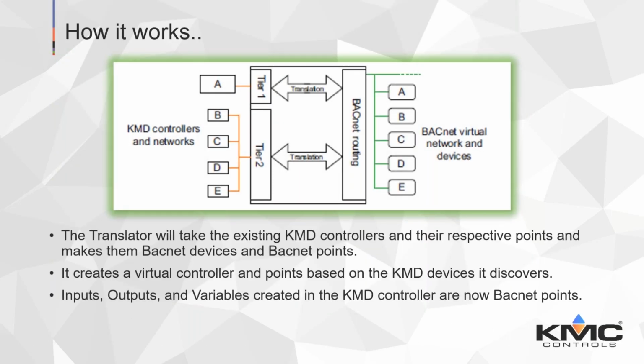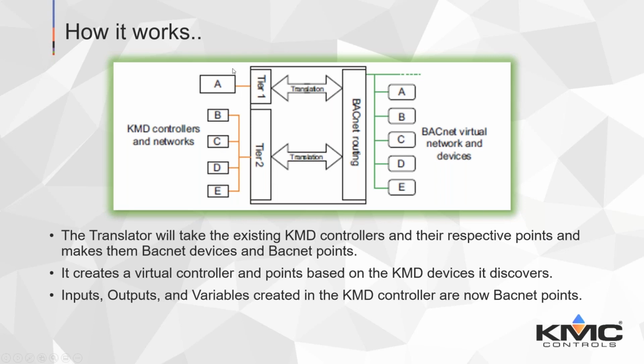So let's talk a little bit about how this works. Basically, the translator is going to take your existing KMD controllers and their respective points and make them BACnet devices and BACnet points. This is a description of how this works on your tier 1 and tier 2 controllers. A tier 1 would be a LAN controller, and a tier 2 would be any of your 7000s, 5000s, and those kinds of things.